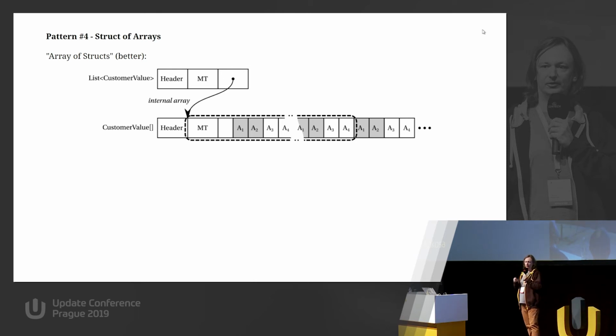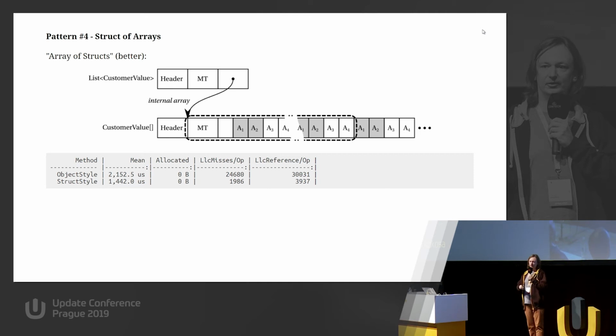The approach that I'm going to show now is called struct of arrays. Okay, benchmark. It was better, as we see, not twice but significantly faster, because we simply changed the customer from class to struct.